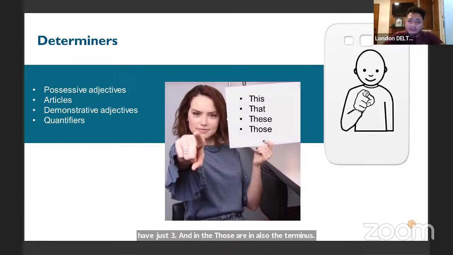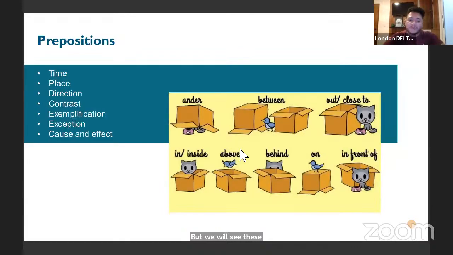And the demonstrative adjectives, this, that, these, those, este, ese, esos, estos, etc. Right? Those are another category of words. And the quantifiers: many, little, few, much. But we will see these, nos vamos un poco solamente como en general, pero los veremos después cada uno a fondo. Now the prepositions, do you know what are prepositions?